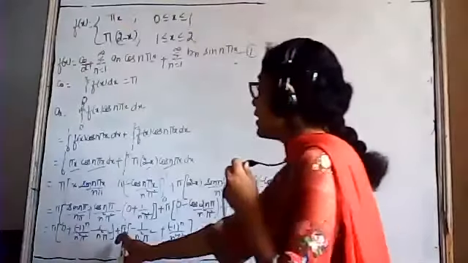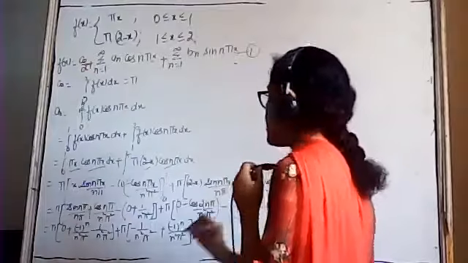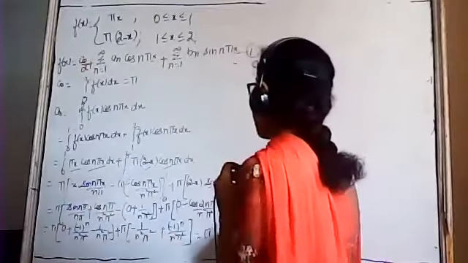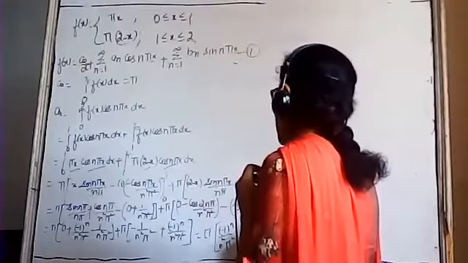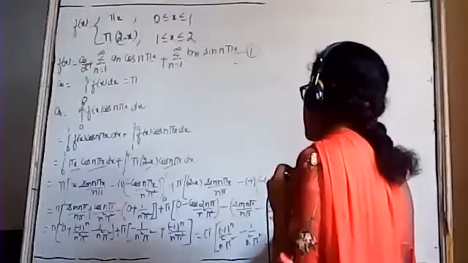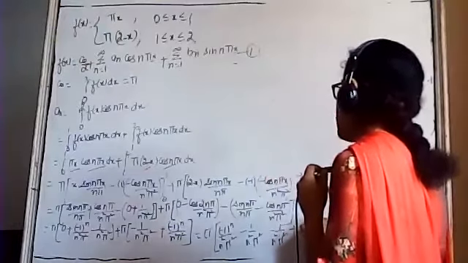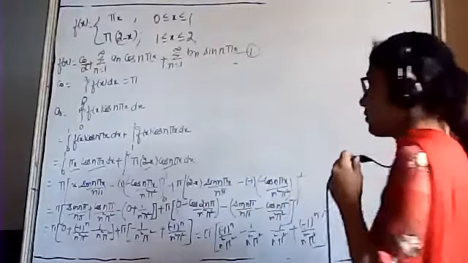Opening the brackets, take this pi outside the whole bracket. You will get pi, and inside the bracket we will have minus 1 to the power n upon n square pi square, minus 1 upon n square pi square, minus 1 upon n square pi square again, plus minus 1 to the power n upon n square pi square.